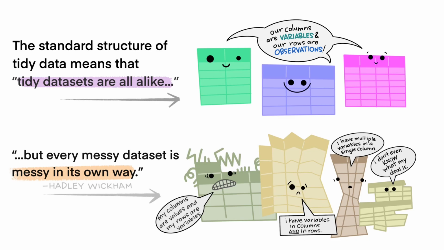Because, I mean, one observation could be an orange cat, and that cat was born in 2015. We now can't store the 2015 as a numeric value anymore. We have to store it as a character value because the other two values in that column are already character. Looking to the next guy, I have variables in columns and in rows.